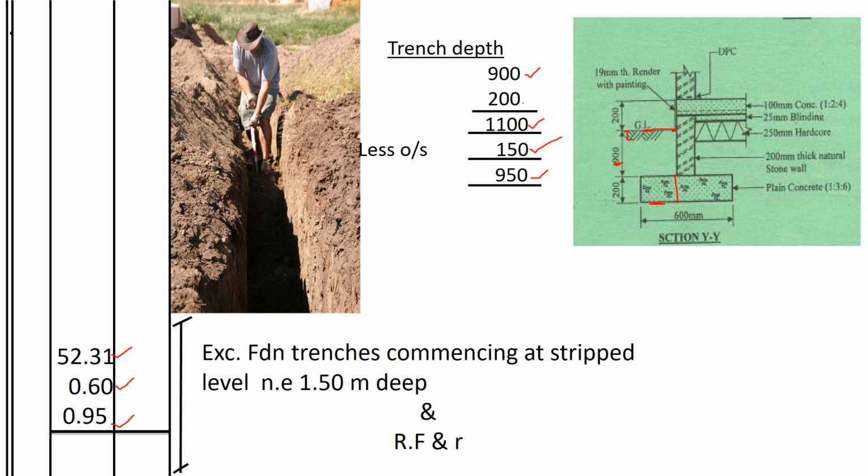So center line going all around, then we multiply by the thickness of the trench, 600 millimeters, then we multiply by the depth of the trench, 0.95. So: excavate foundation trenches commencing at stripped level not exceeding 1.5 meters deep. We said it's not exceeding 1.5 meters deep because in the SMM we excavate in ranges of 1.5 meters and refill and ram.